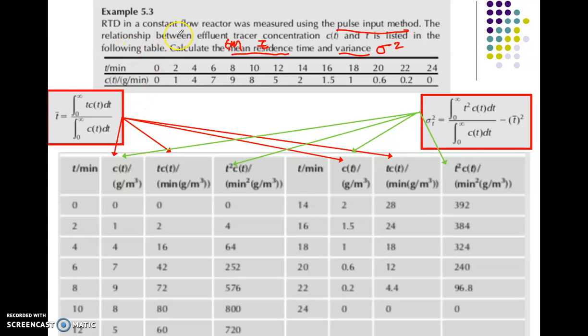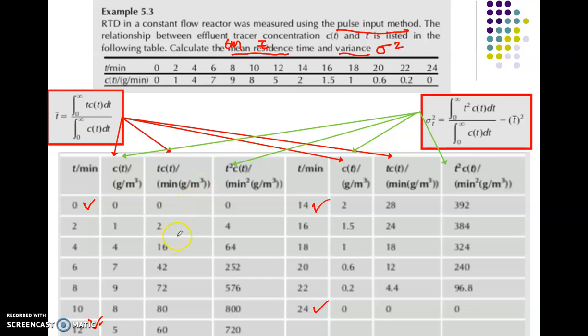Now we convert this table into this type of table. It is the same values, from 0 to 12, and then it continues here from 14 to 24. CT from 0 to 12 is 0, 1, and 5, and then continues with 1.5 to 0 back.